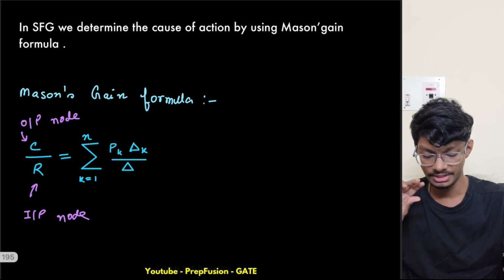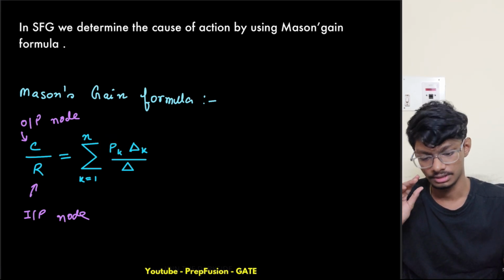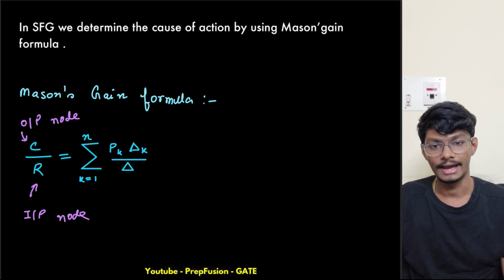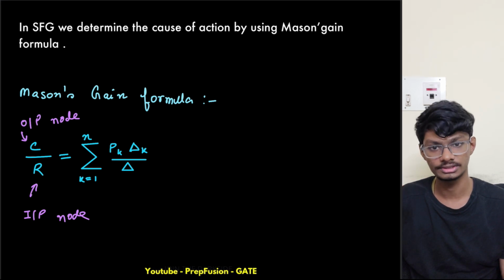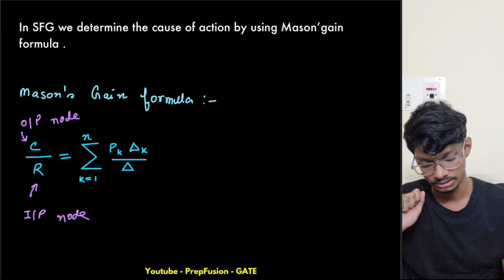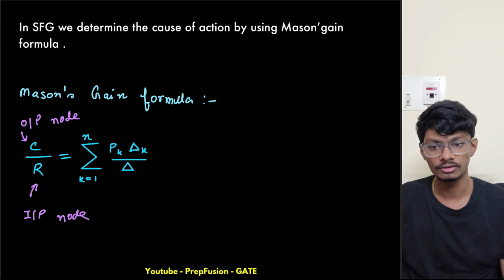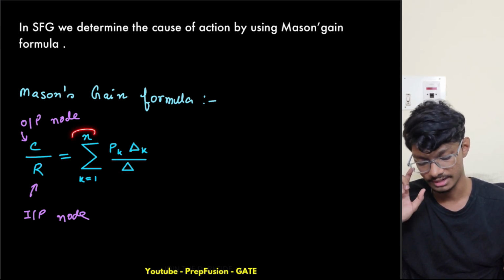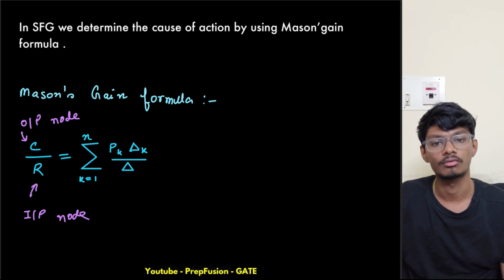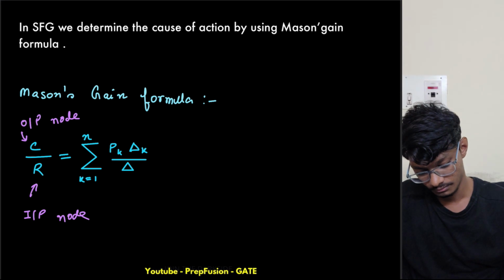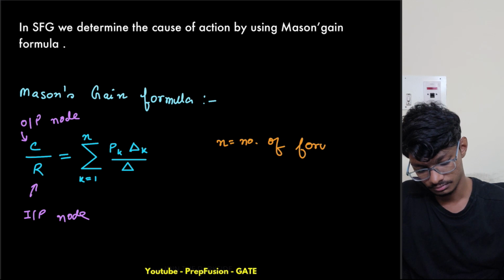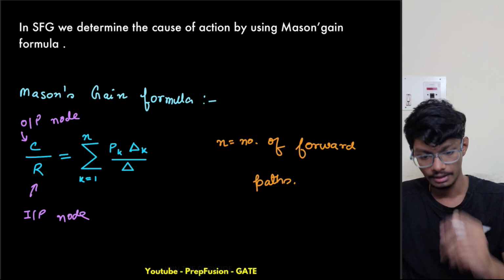P is the forward path gain, and delta_k is the loop gain associated with that forward path gain. Don't worry about understanding the terms, just listen. And delta is the determinant of the signal flow graph. And what is n? n is the number of forward paths.